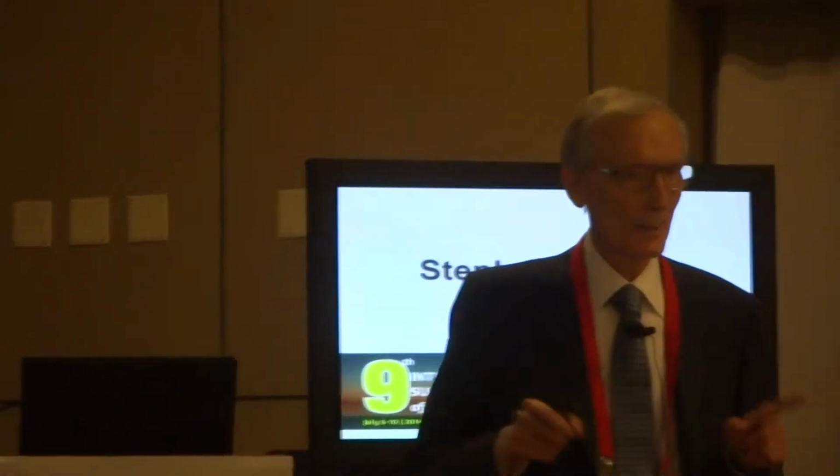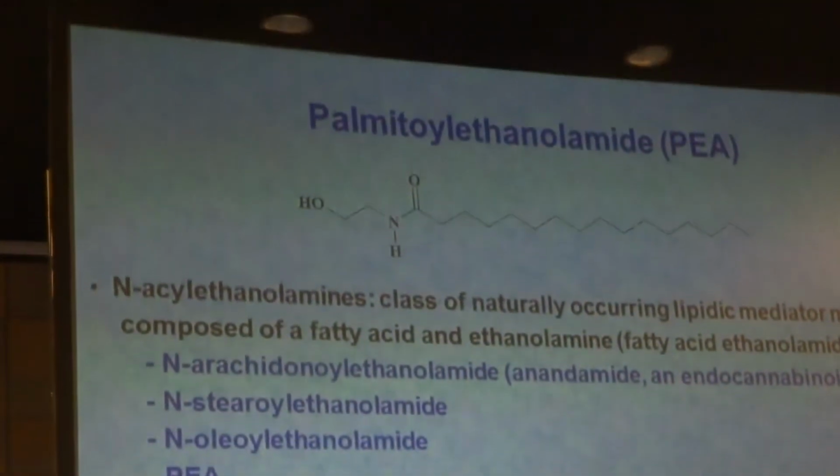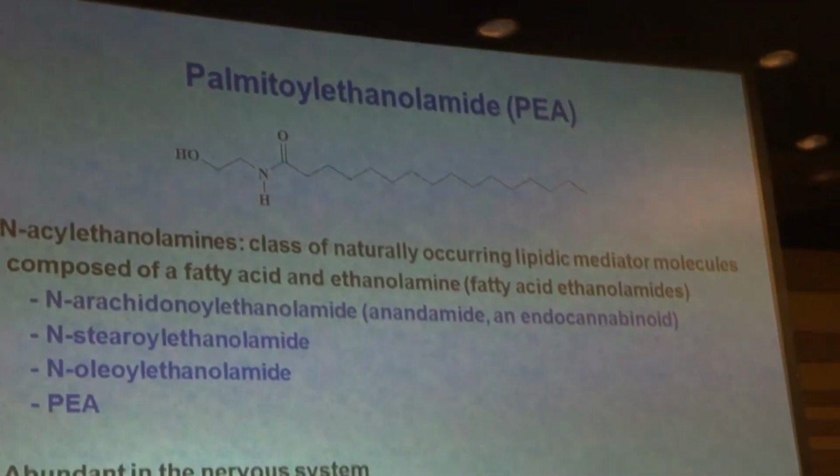And our interest is in a group of these lipid molecules which are derived from membrane lipids. They're called acetylamides. They're rather simple molecules. They have ethanolamine and fatty acid.